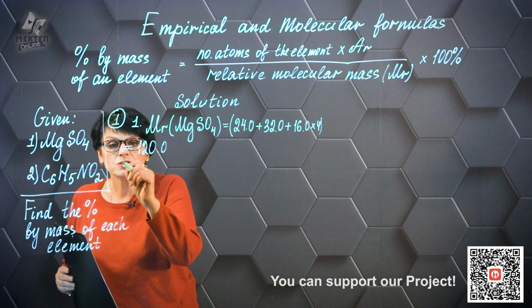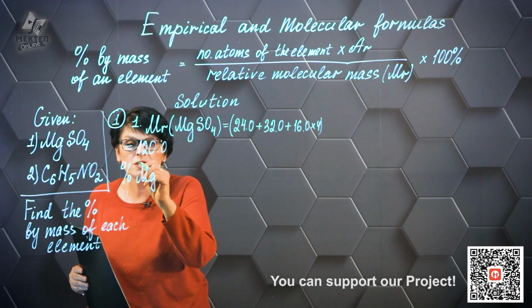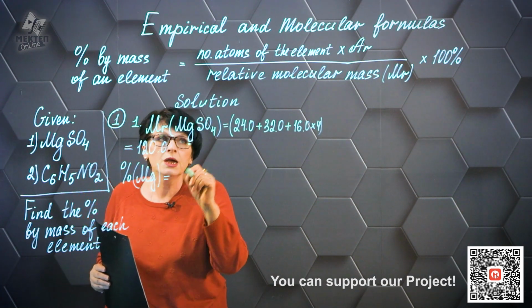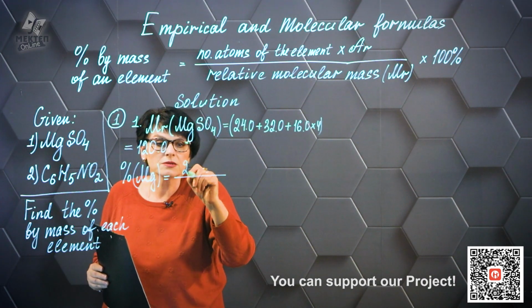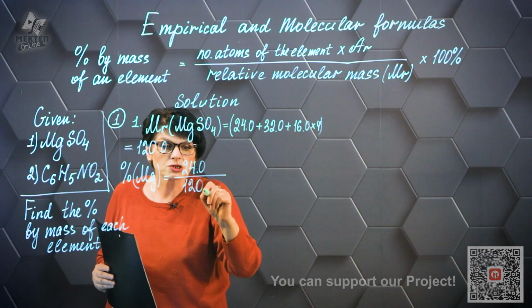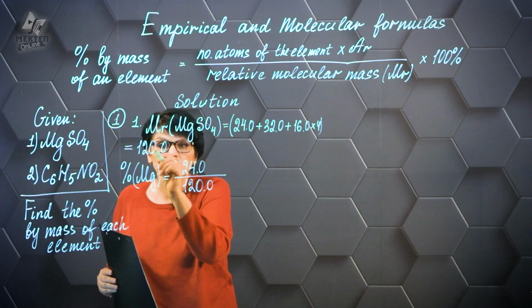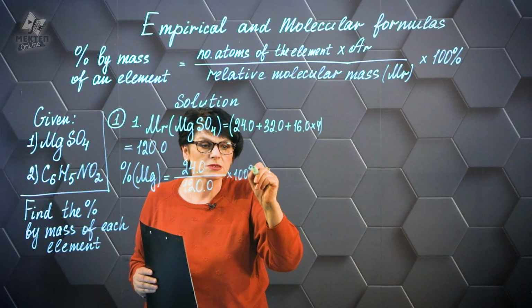Now we will calculate the percentage composition. The first element in our formula is magnesium. We make a substitution. The mass of magnesium is 24. We divide by the mass of our substance, 120, and multiply by 100%.